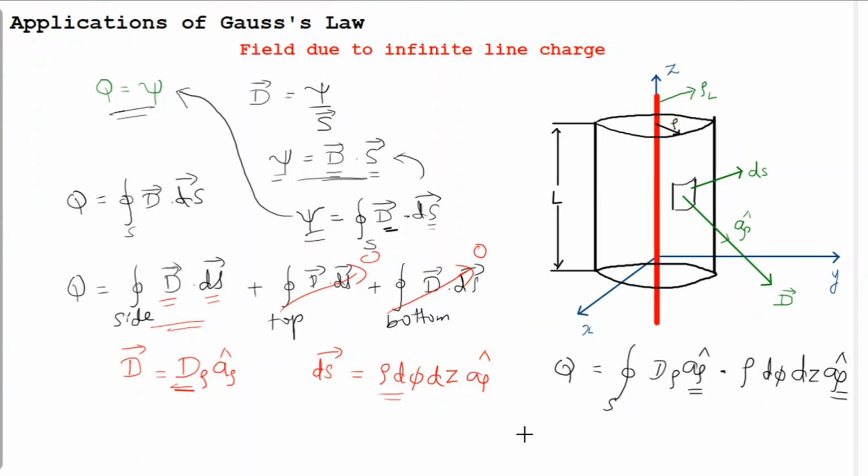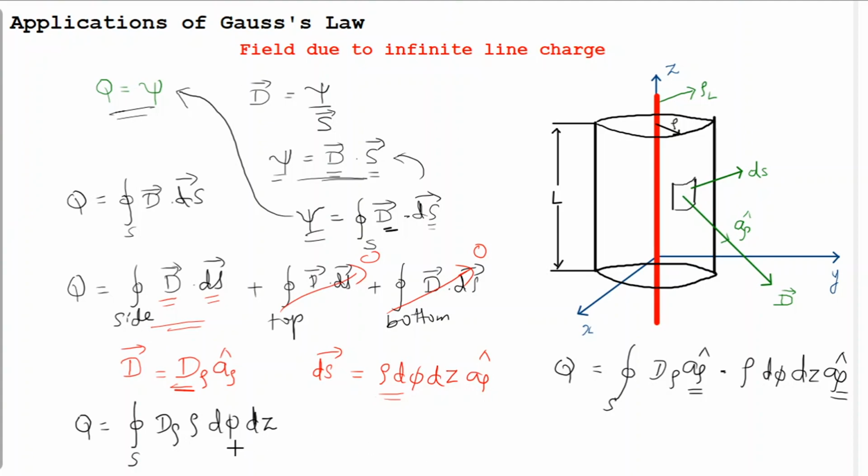So this Q reduces to the evaluation of the closed integral over the side of D rho rho d phi dz. Now how to evaluate this?